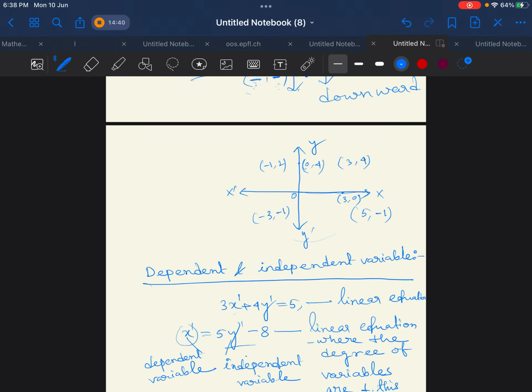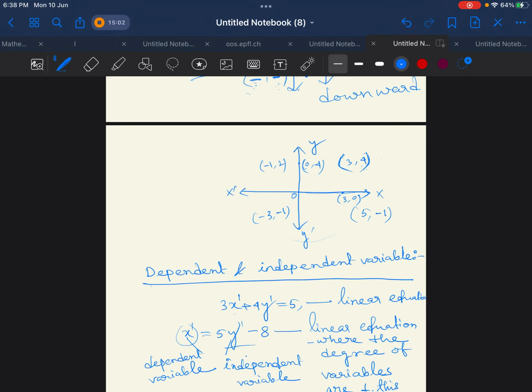So let's plot a point on this graph. We take a point (3, 4). This is always in the first quadrant, the value of x and the value of y are positive. So this point is located in the first quadrant. If we take the point (-1, 2), then the value of x is negative and the value of y is positive.